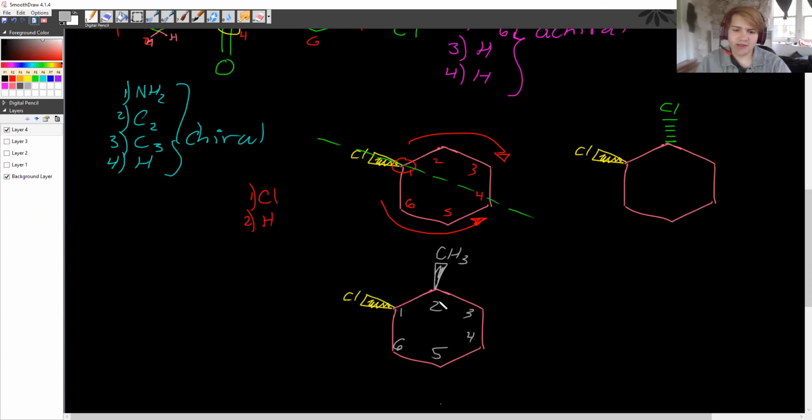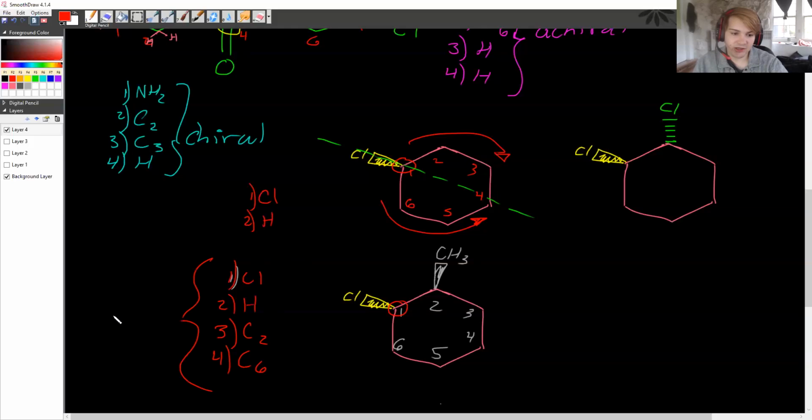The pathway going 1, 2 to 3 is different than 1, 6, and 5. So on this molecule we have a chlorine, a hydrogen, group 3 towards C2, and group 4 towards C6. So this carbon here is chiral.